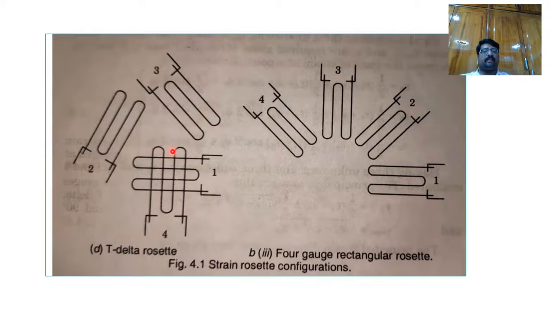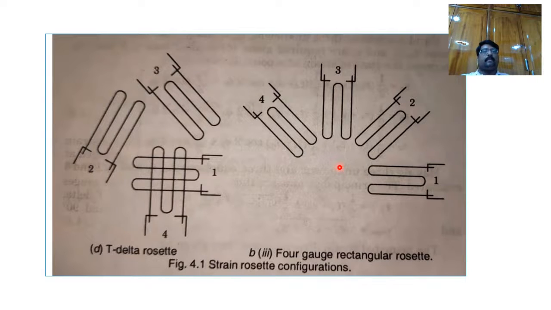Similarly, the 4-gauge rectangular rosette at 0, 45, 90 and 120 degrees. Like that, we can arrange the strain gauges in the configuration we require to measure the strain. That is the classification of strain rosettes.